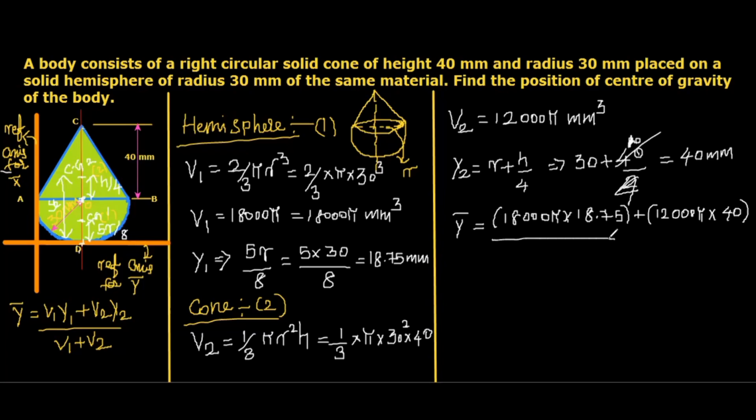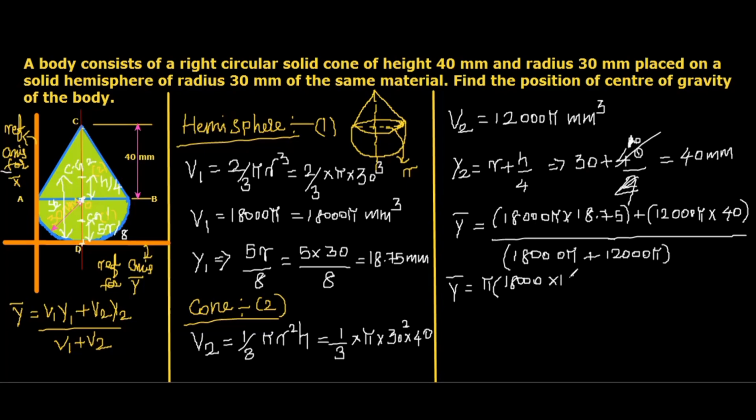The whole divided by V1, that is 18,000 pi, then plus V2, that is 12,000 pi. You can take the value of pi commonly in the numerator and denominator. Here also pi, here also pi.